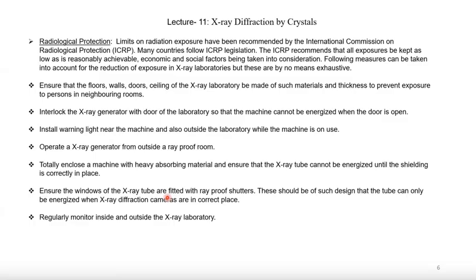You will see that almost all commercial machines have windows with ray-proof shutters. And lastly, you have to monitor regularly inside and outside of the X-ray laboratory whether any leakage is going on when the machine is on.